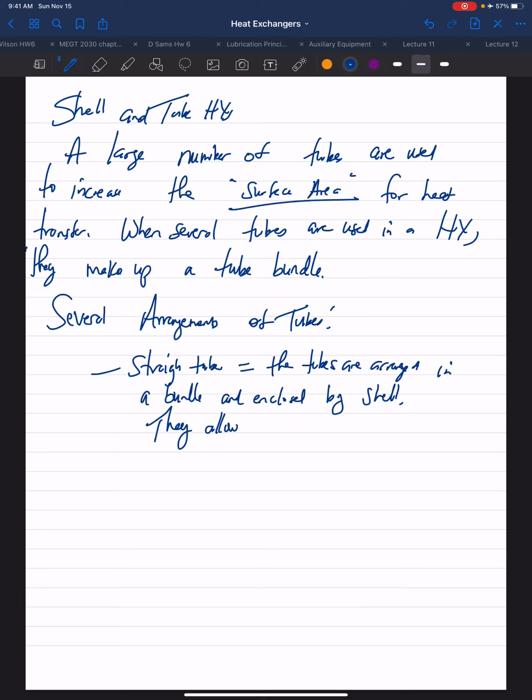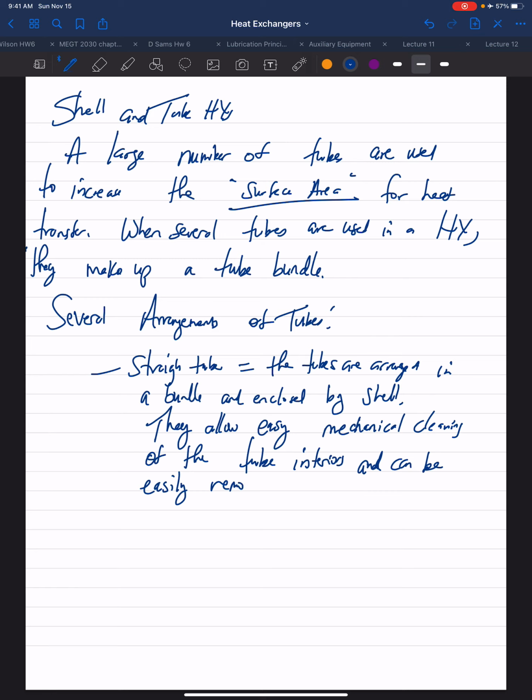Straight tubes allow easy mechanical cleaning of the tube interiors and can be easily removed for replacement.